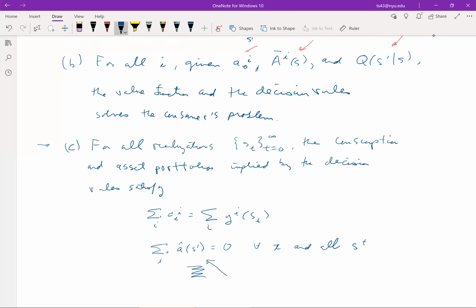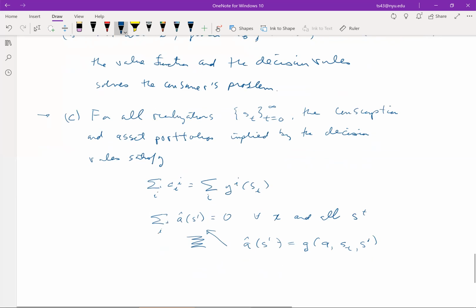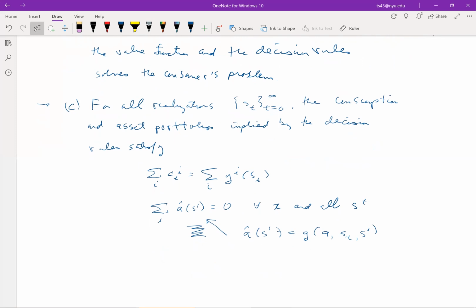Where these are the objects that come from our decision rules: A hat of S prime is equal to G of A, s_t, S prime. That's what I plugged in there. So those are our requirements for a recursive competitive equilibrium.